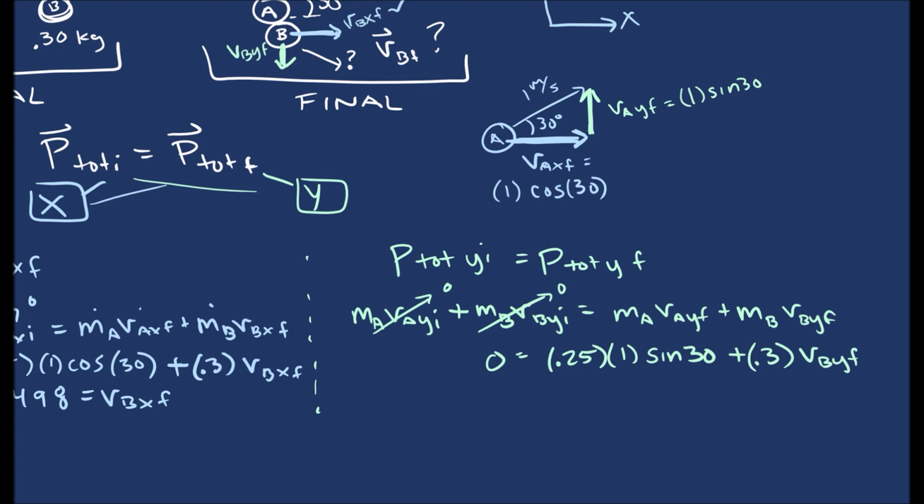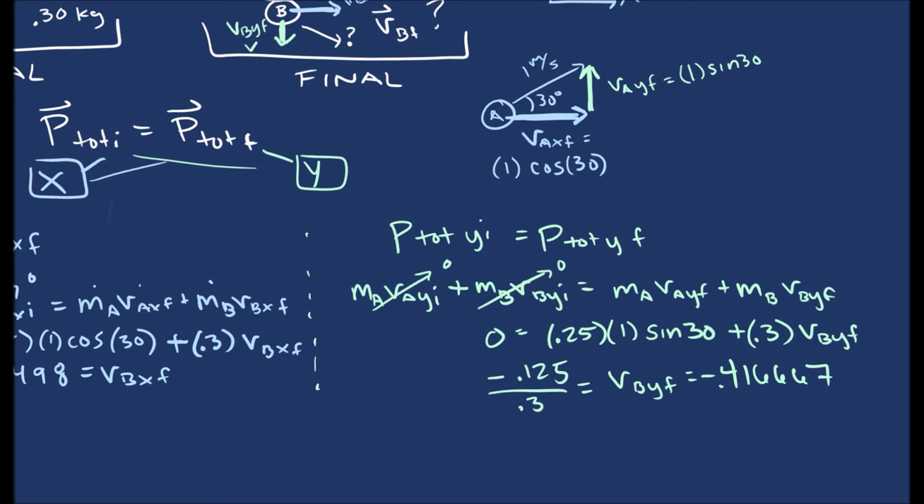Fabulous. We now have everything in this equation except for VBY final, which is what we're trying to find. We end up getting a negative 0.125. We subtract that from both sides and divide by 0.3, and VBY final equals negative 0.416667 or so.